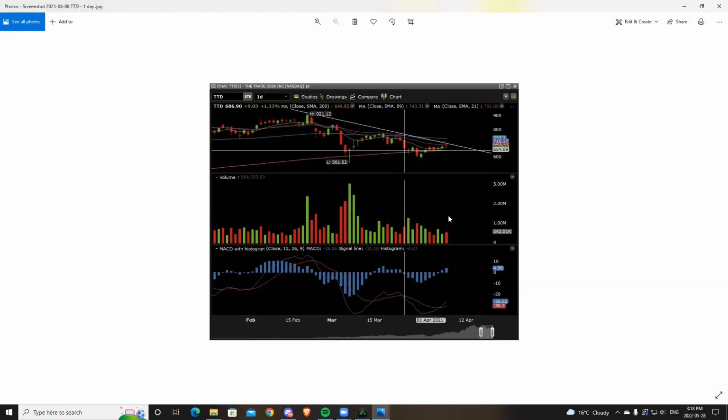So again, confirmation is key, right? You look at this next candle right here. If you had entered here at the top, you probably would have been stopped out. So you always have to wait for the candle to close.